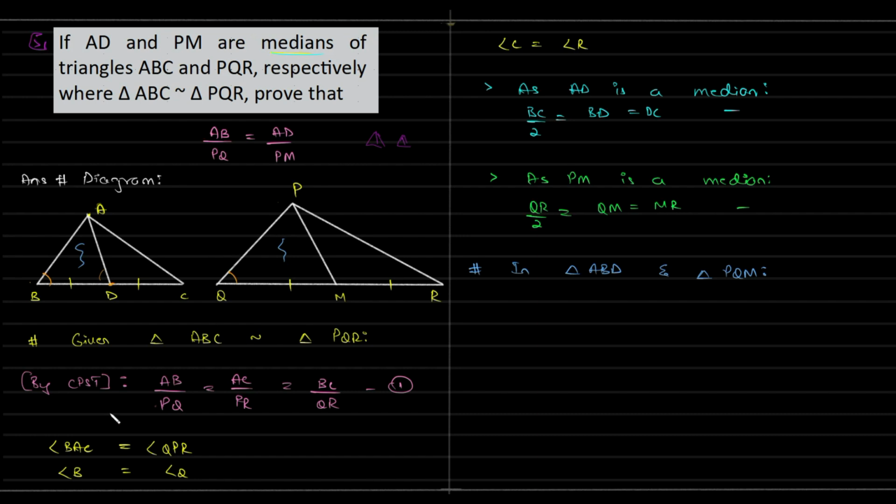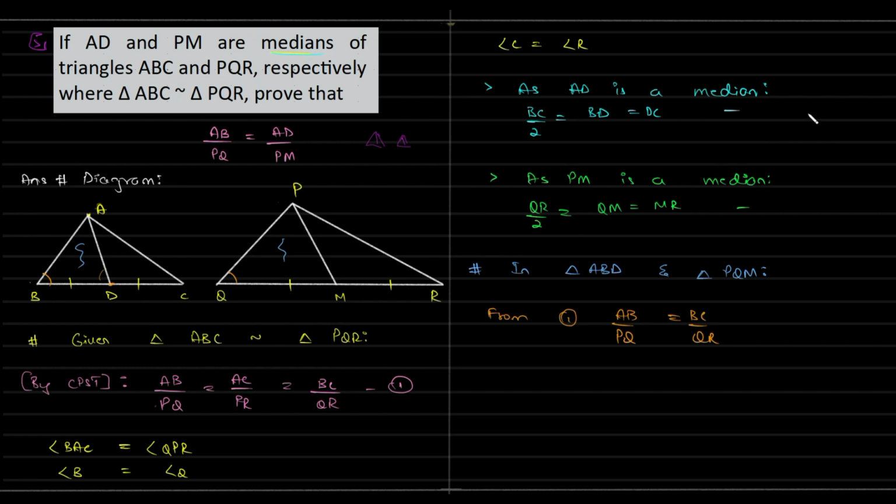So how will we prove it? From equation 1, we have AB by PQ, and close to BD by QM is BC by QR. So what to do next? Well, we have the bisector, right?